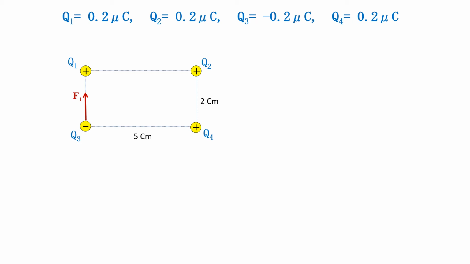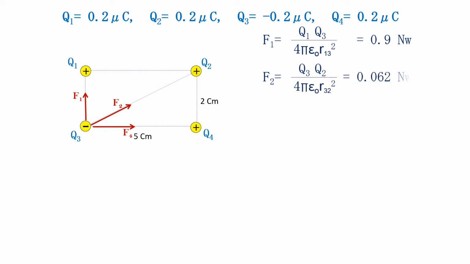The force on Q3 due to Q2 also is an attractive force. It is shown towards Q2. The force on Q3 due to Q4 is also an attractive force. It will be towards Q4. F1, when you use Coulomb's law, you will get it as 0.9 newtons.